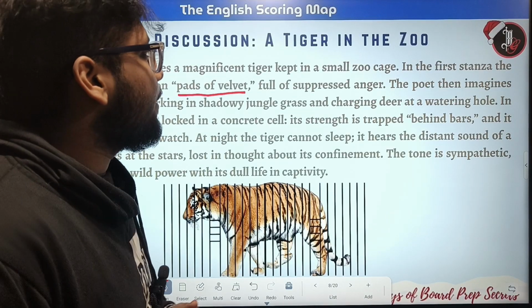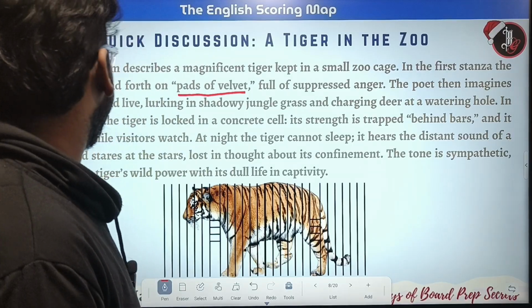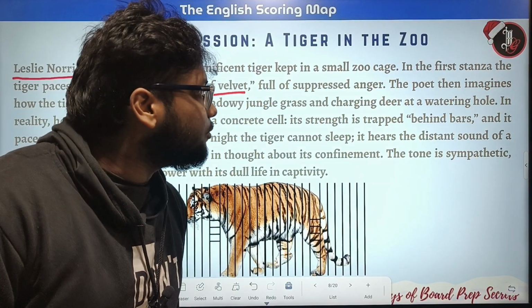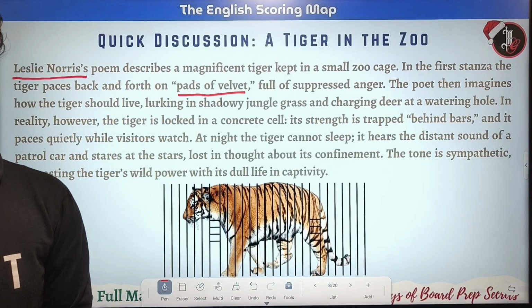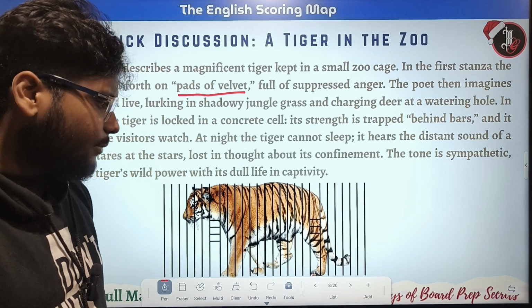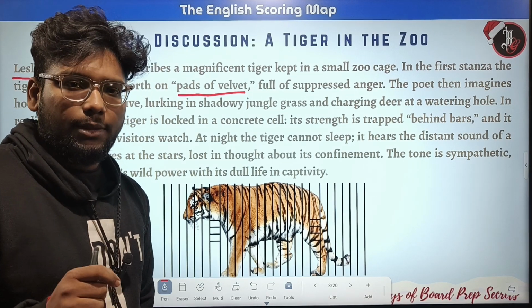The poet then imagines how the tiger should live, lurking in the shadowy jungle grass and charging deer at a watering hole. So basically, the poet is trying to say that a tiger is not meant to be caged.